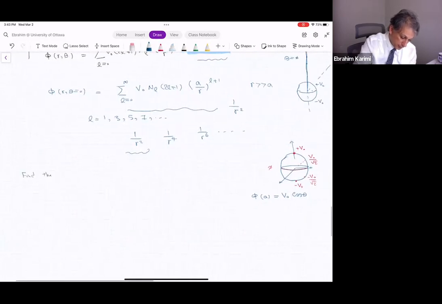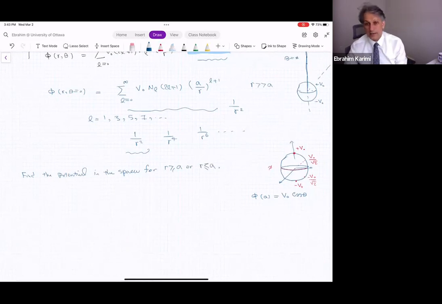Find the potential in the space for r greater than a or for r below a. Can you solve it, guys? I will pause the video and give you 5 minutes to solve it.